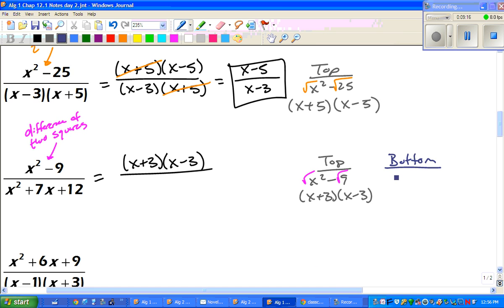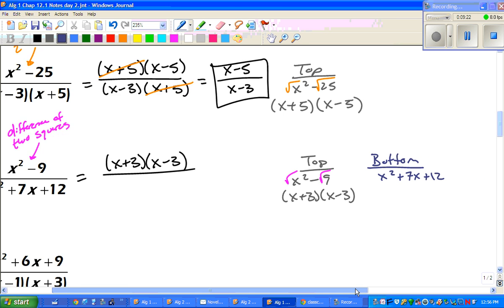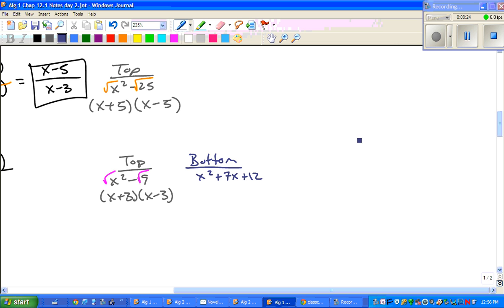The bottom is going to be a little bit more work, because we have x squared plus 7x plus 12. So, this is where we would take the multiples of 12, or the factors of 12, I'm sorry, and find out which ones add up to get to 7 and multiply to get to 12.